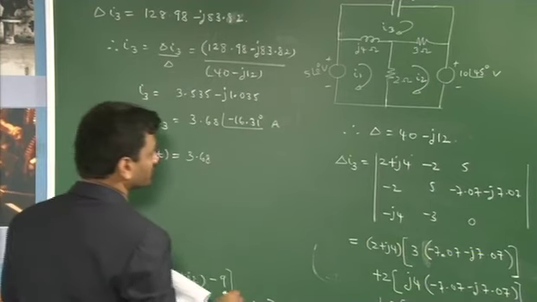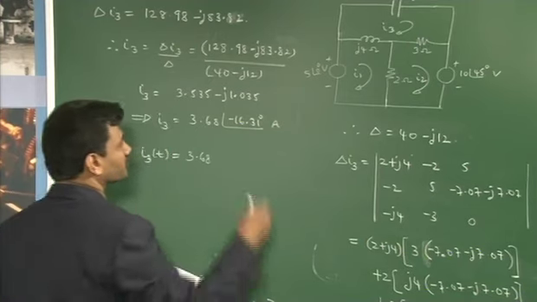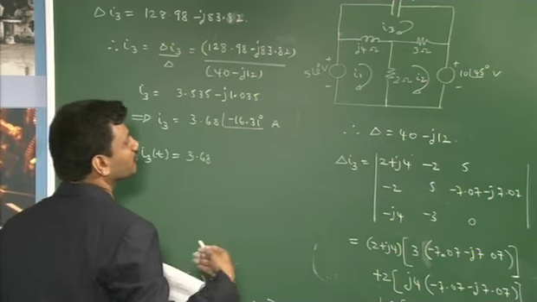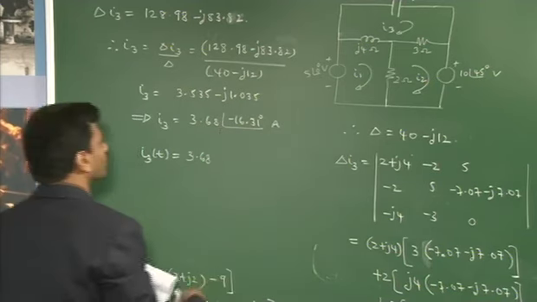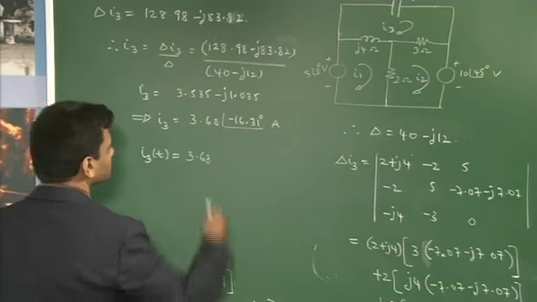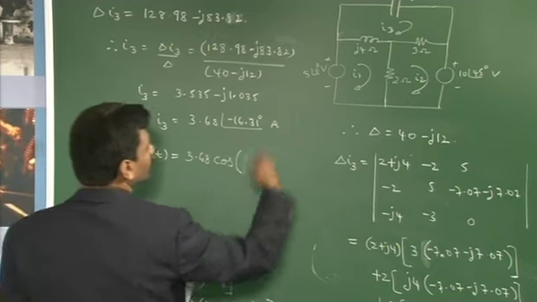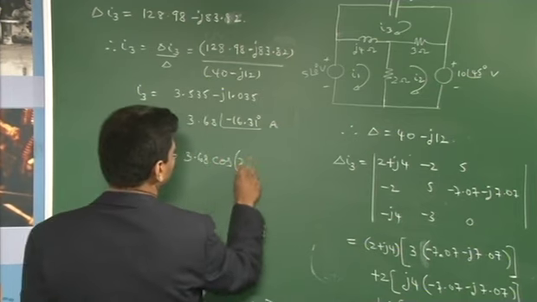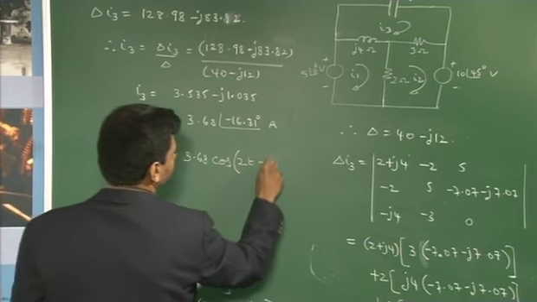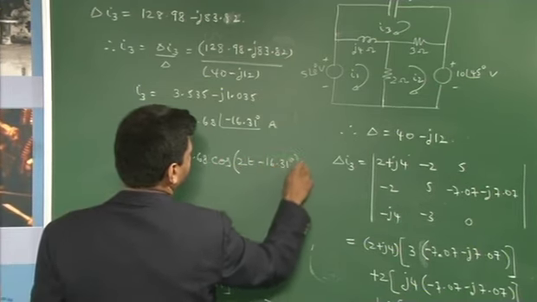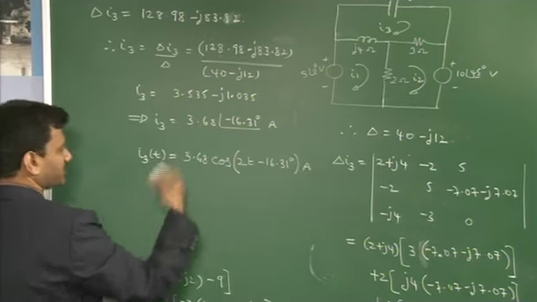The function from which we got these phasor forms was the cosine function, so you have to write cosine, omega doesn't change, so 2t, then minus 16.31 degrees amperes. So this is I3 of t.